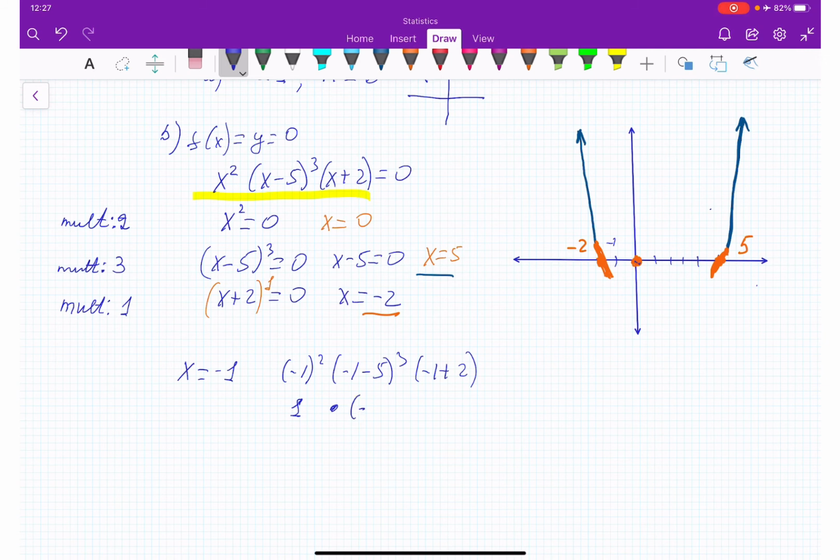It's going to be negative. 6 squared is 36 times 6. It's going to be 216. Well, looks like we're going to need a cut here because of 216. And it's going to be times +1, so it's -216.